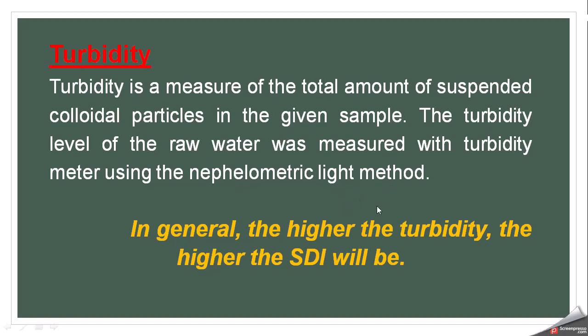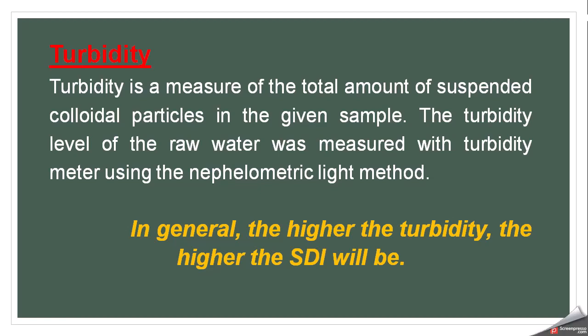In this method, light falls on the sample. If water is completely transparent, with no colloids, the light will completely pass through it. But as colloidal suspended particles increase, light will not pass through the sample and will reflect back, and we measure the intensity of the light. In this way turbidity is measured.